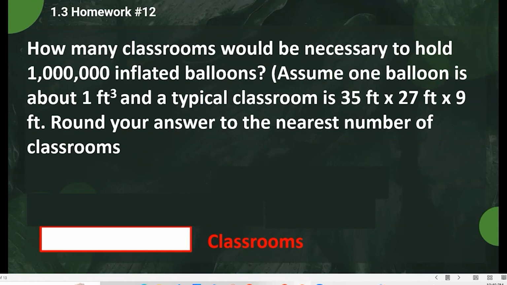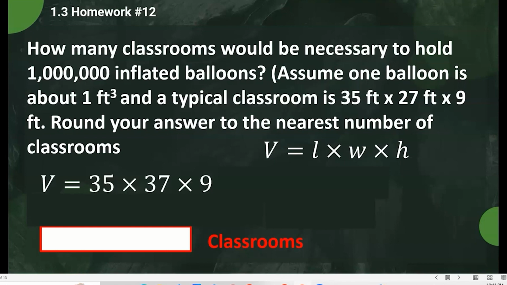We have to remember first the volume for a classroom is length times width times height. So we're looking at a rectangular classroom. If we're looking at the classroom that they gave us the dimensions of, we have 35 by 37 by 9.